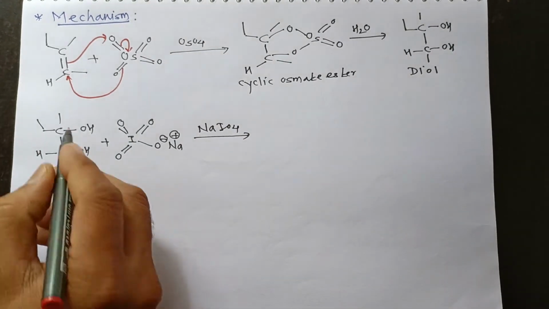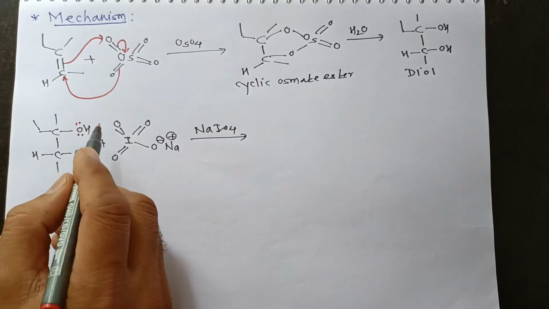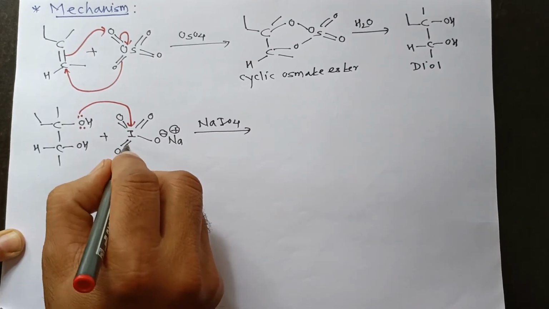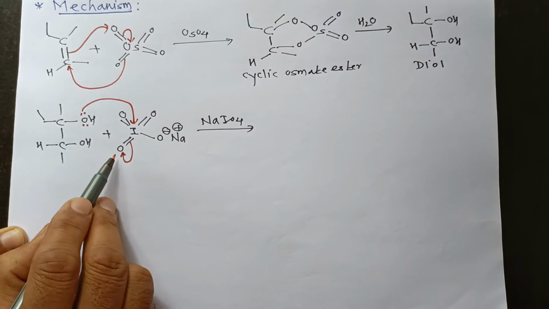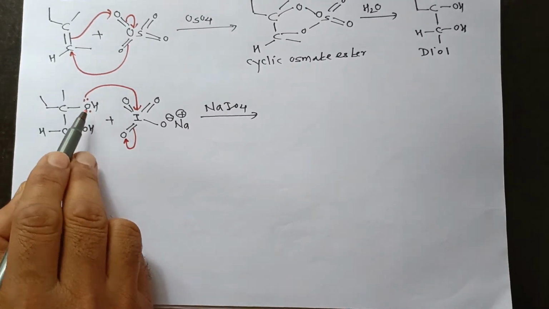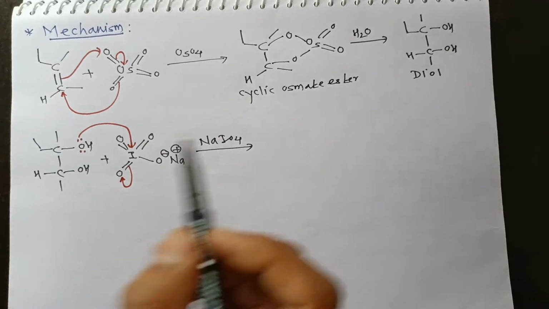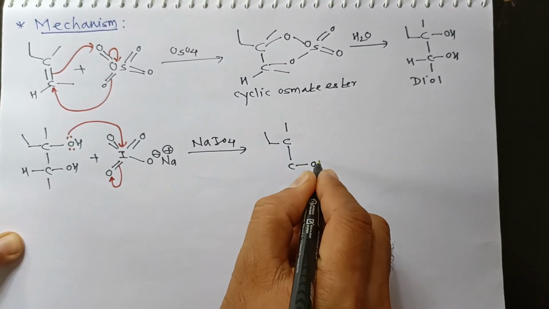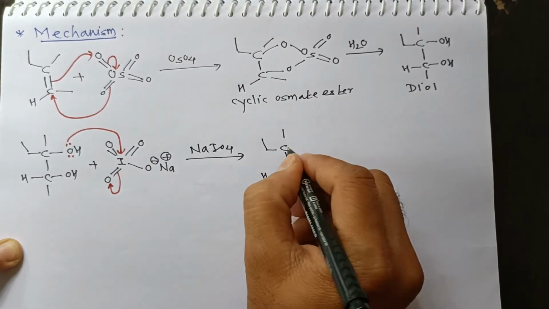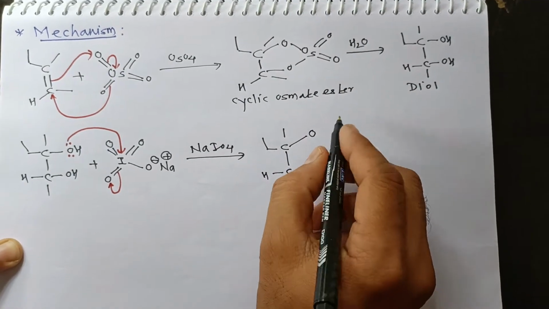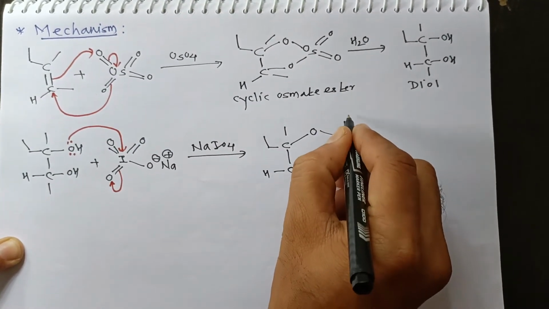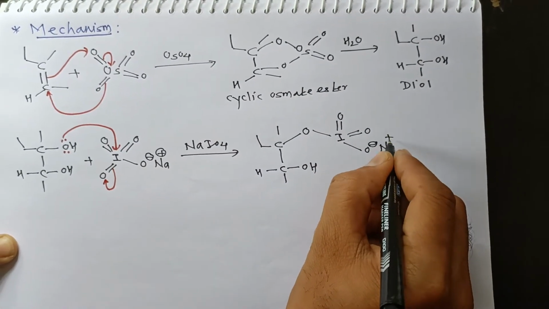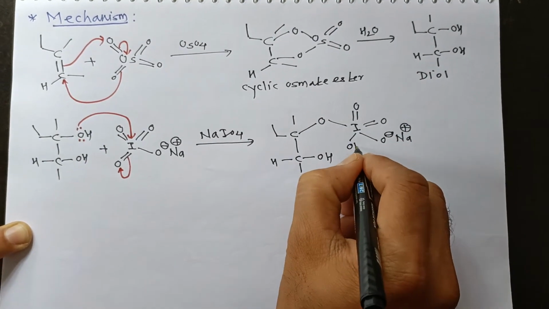So here a lone pair of electrons on oxygen attacks this iodine and there is formation of O minus. So this O minus will take the proton from this OH and there is formation of OH. So here we get the structure with oxygen attached to iodine, C double bond O, O minus, Na plus, and here we have OH.